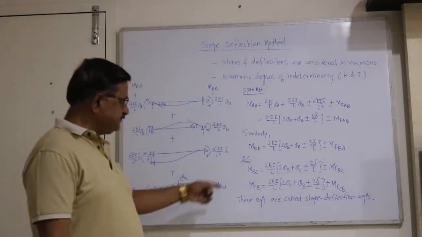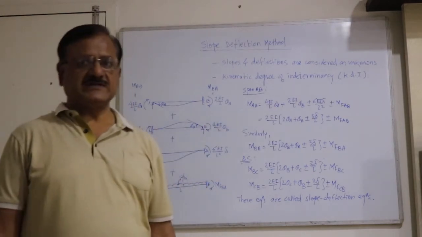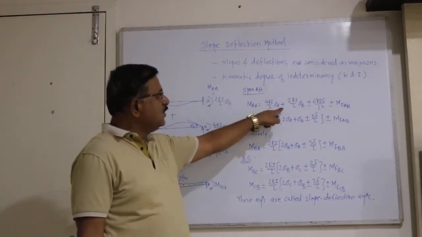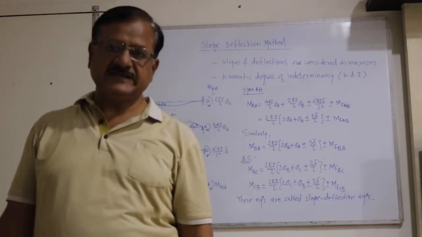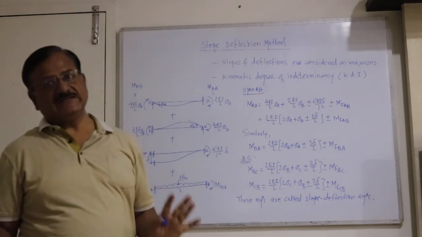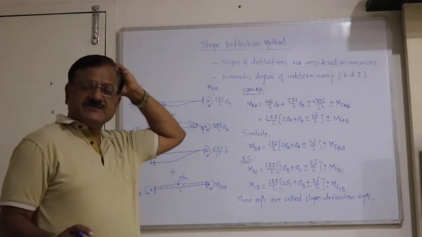That means these slope deflection equations are very important. In order to find out end moments, the unknown displacements, that is theta A, theta B, delta, etc. must be calculated first. So this method is very simple.